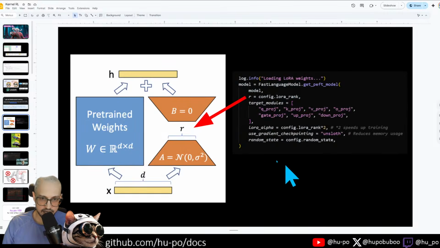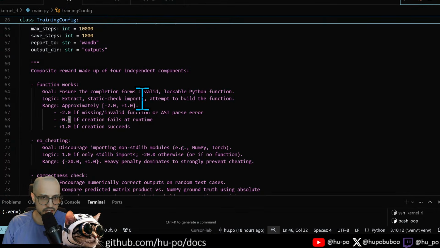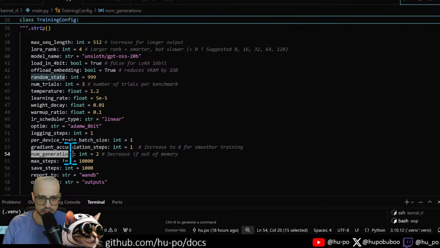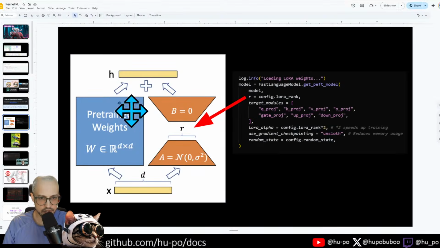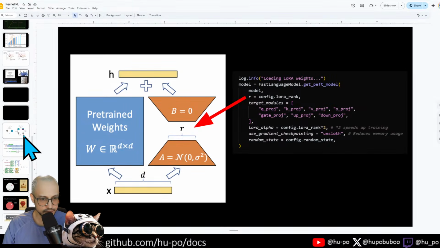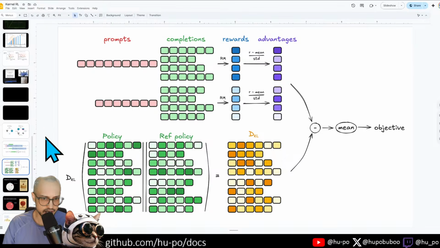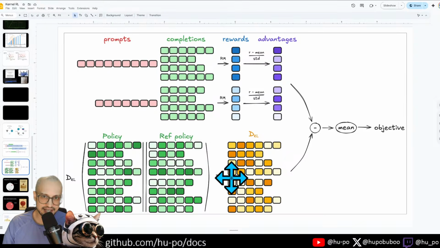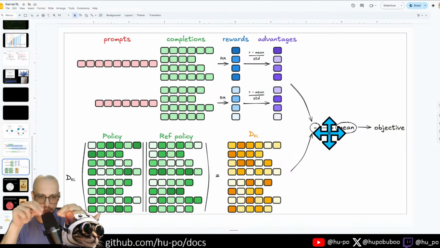On my 3090, it's a very small batch size. If you actually see here, the batch size is basically 1. It's generating 2. What that means is that we're using GRPO here. The way that GRPO works is that it gets the advantage, or how good it's doing, group relative policy optimization.